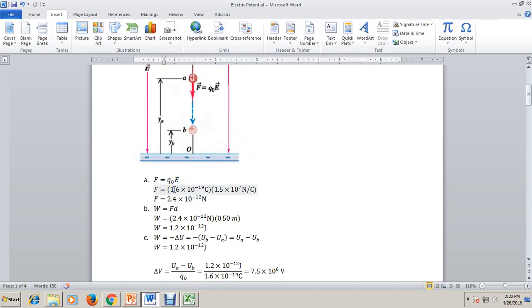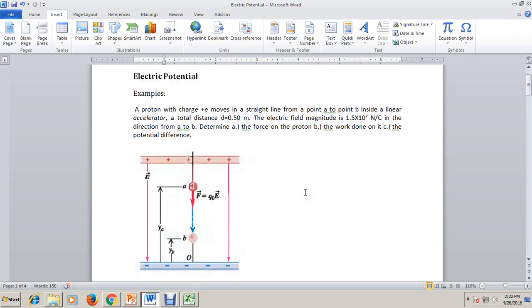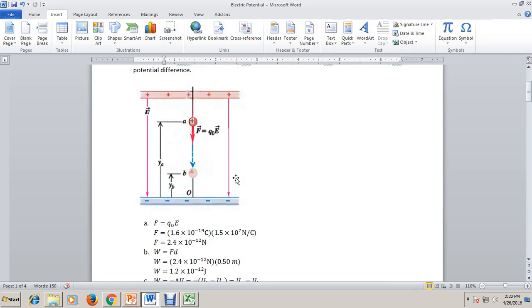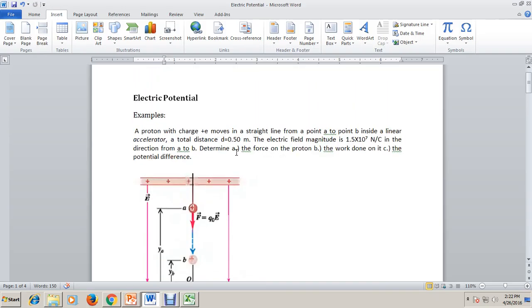So we have a proton here, so we have positive 1.6 times 10 to the negative 19 coulombs. We multiply that with the strength of the electric field, 1.5 times 10 to the 7 newton per coulomb. Multiplying these two, you have 2.4 times 10 to the negative 12 newtons. Okay, so we have answered letter A.